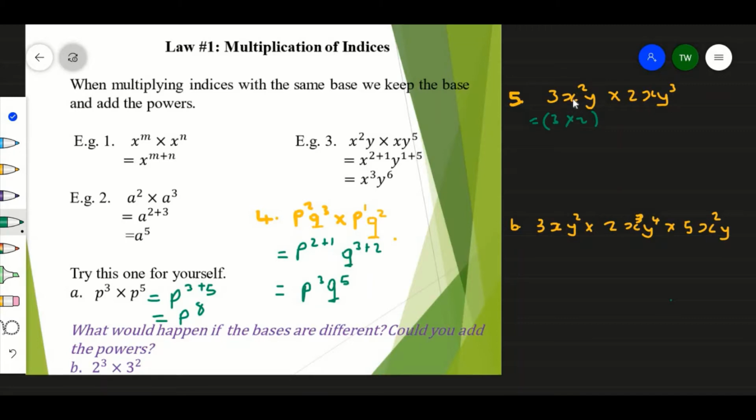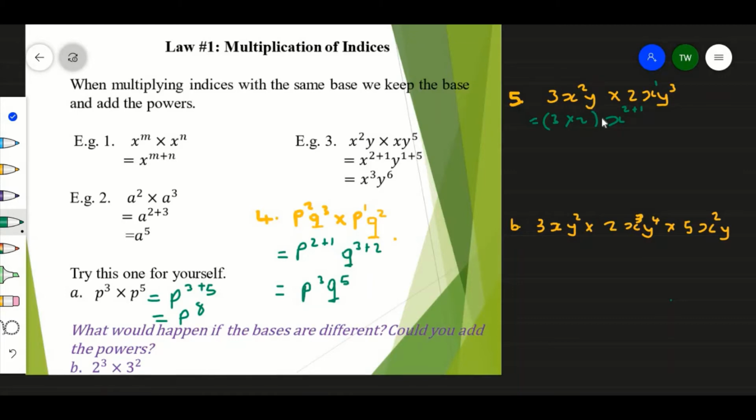Then we're going to focus on the x term. So we have x squared here and x to the first power here. Remember, x by itself is raised to the power of 1, so I can put a 1 there. So I'm going to keep my x as the base, and I'm simply going to add the power, which is 2 plus 1.